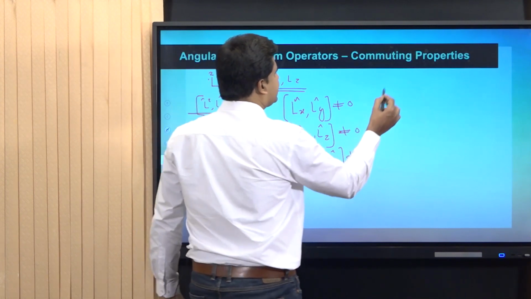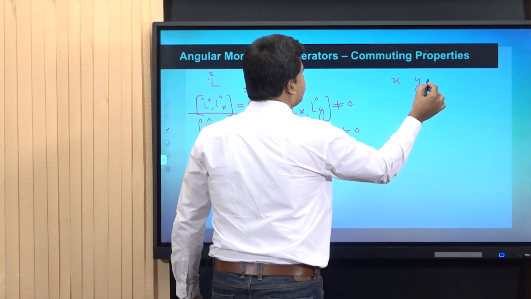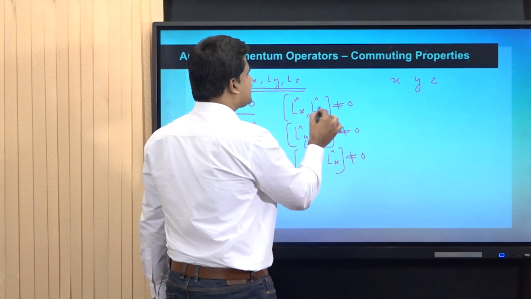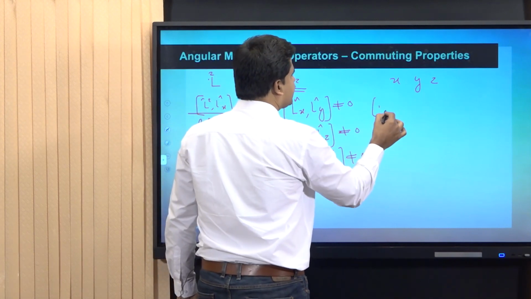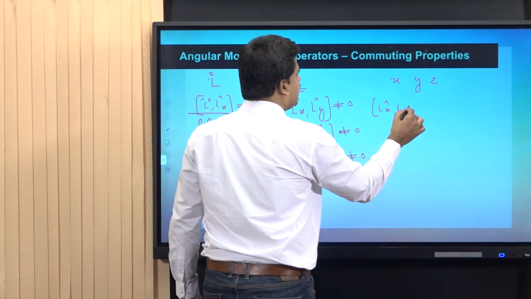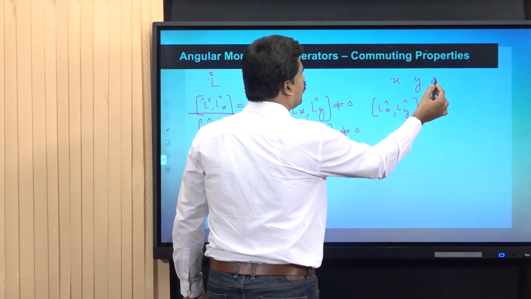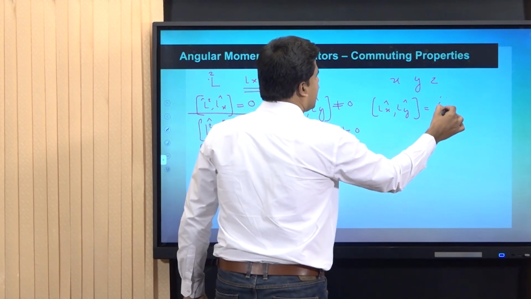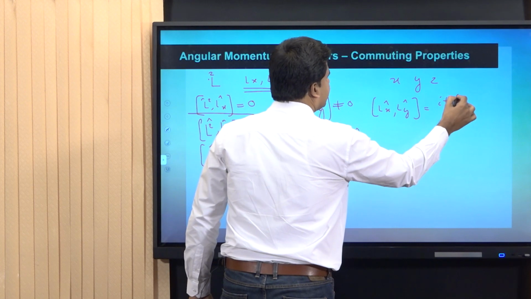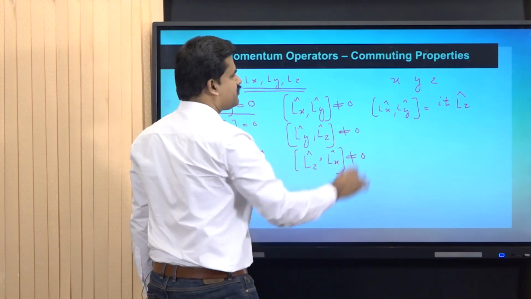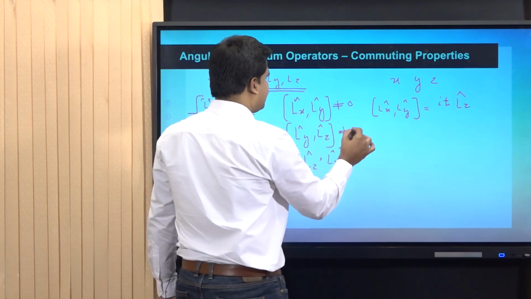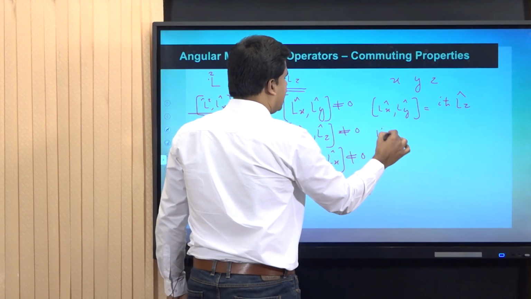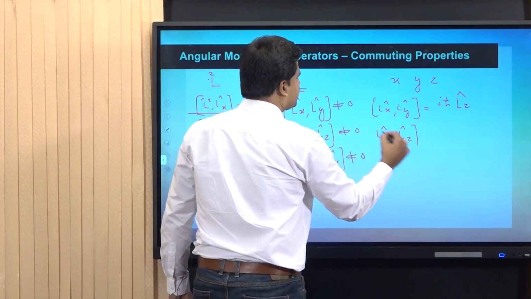And the value can be easily derived. X and Y are here. The commutator [Lx hat, Ly hat] is equal to, with one component missing, that is iħ into Lz hat. Now I am taking [Ly hat, Lz hat].